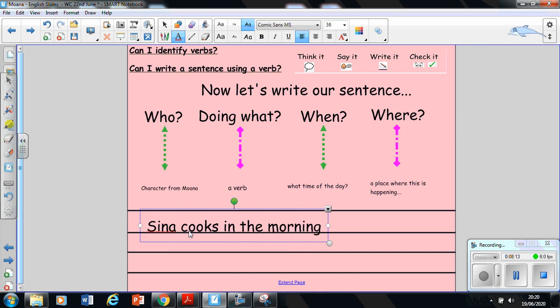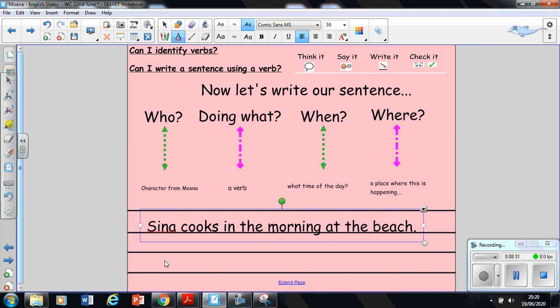Oh, that sentence looks good already. Sina cooks in the morning, and my where was at the beach. Full stop. Can you see that sentence has already helped make sense?